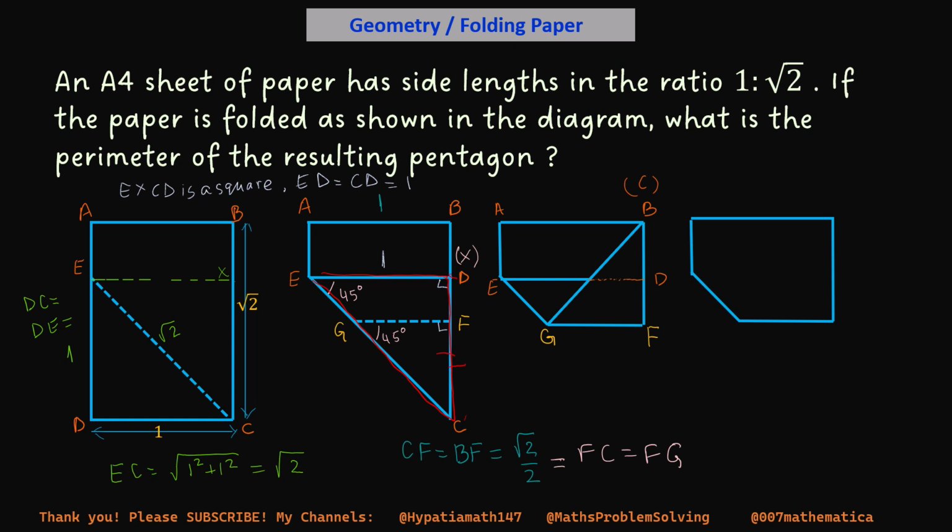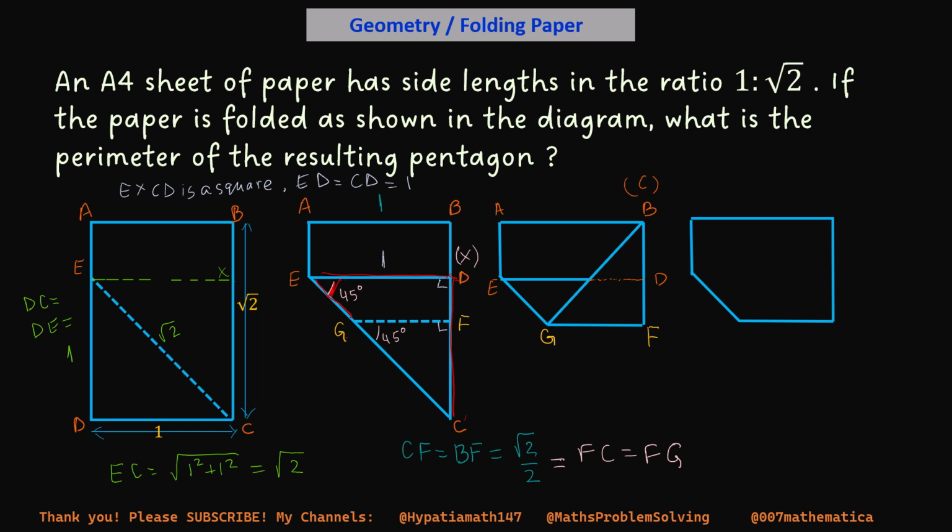Okay, so you can say that CD is equal to DE. I can't say equal because it will look like BC is equal to ED, which is not the case.